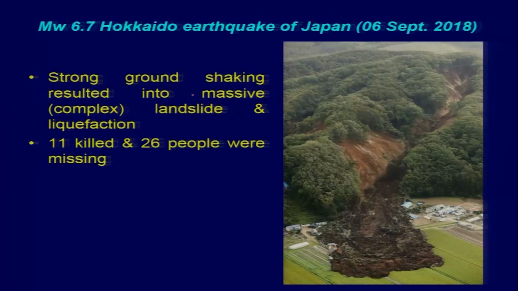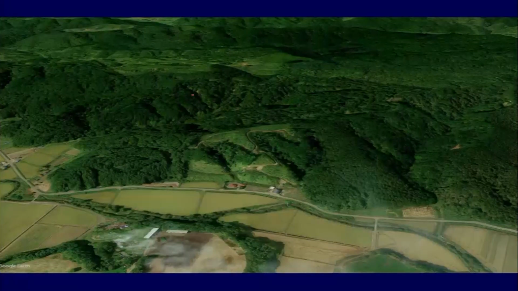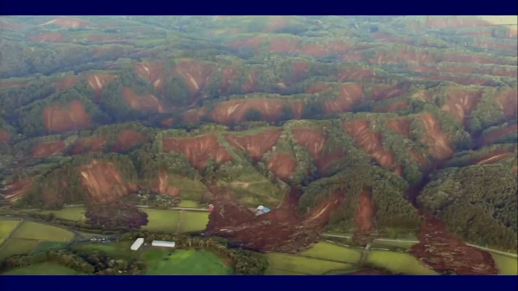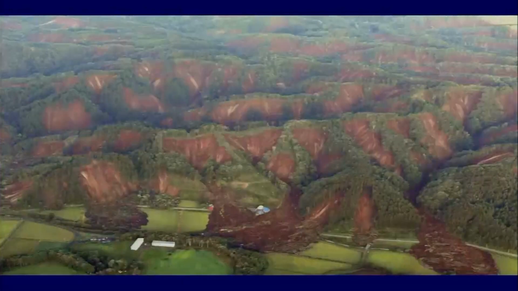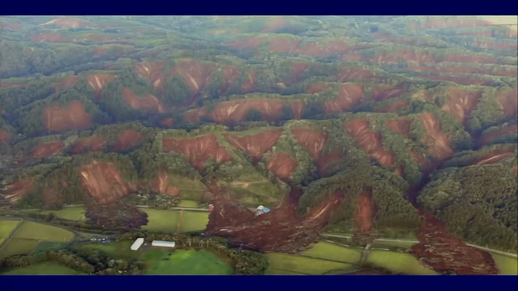If you look at the complex feature, this photograph is before the earthquake and this is after. So it was a complex landslide which was triggered. The reason was the material, and the hills in this area, all the hills were oversaturated, we can say, because before the earthquake there was a spell of very heavy rain caused by a storm in that region, which resulted in a massive landslide with just a magnitude of 6.7.